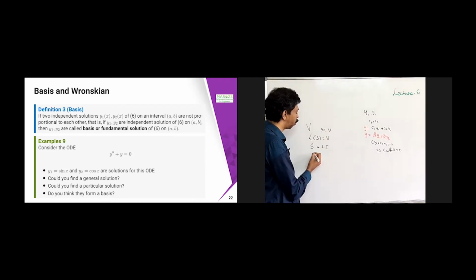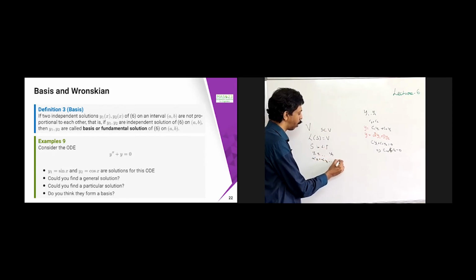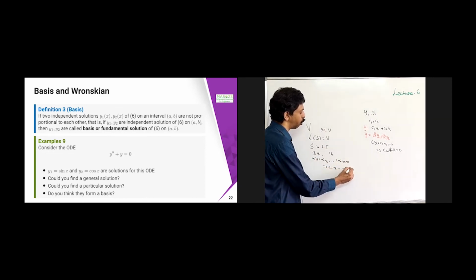Suppose S contains n elements y1, y2, up to yn. Then you need to prove that alpha 1 y1 plus alpha 2 y2 plus up to alpha n yn equal to 0 implies alpha 1 equal to alpha 2 equal to up to alpha n equal to 0.